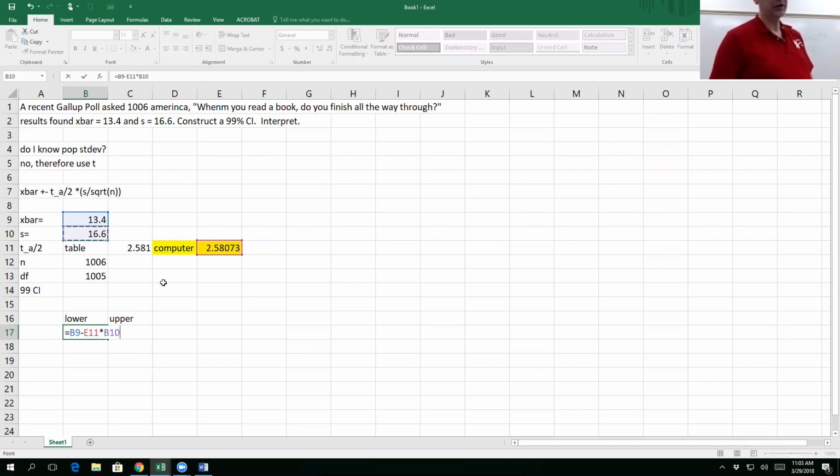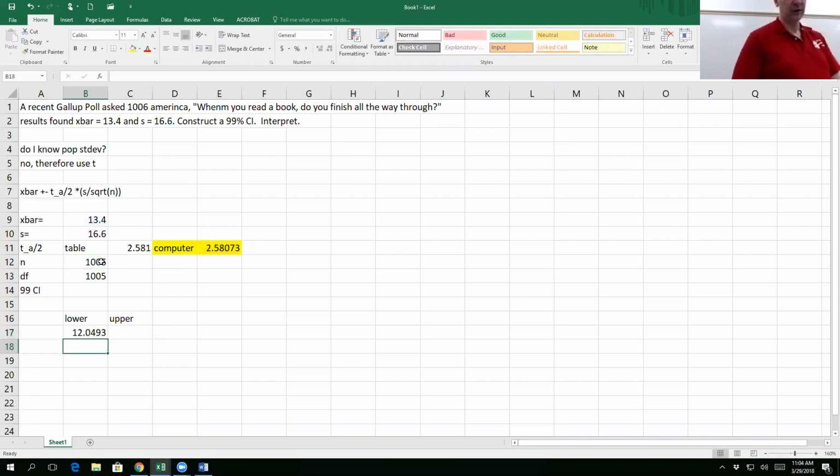Boy, that's a big standard deviation. In fact, isn't it amazing that the standard deviation is greater than the mean? That's really bizarre. Okay, that's like a huge standard deviation. Okay, divided by the square root of 1,006.